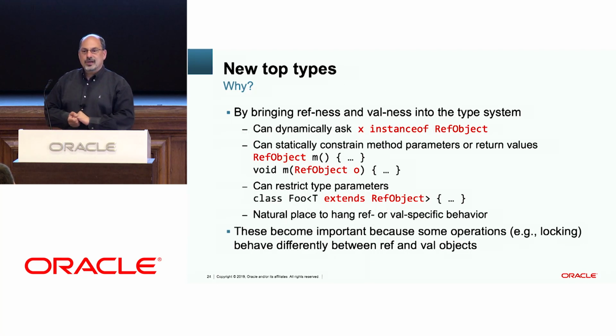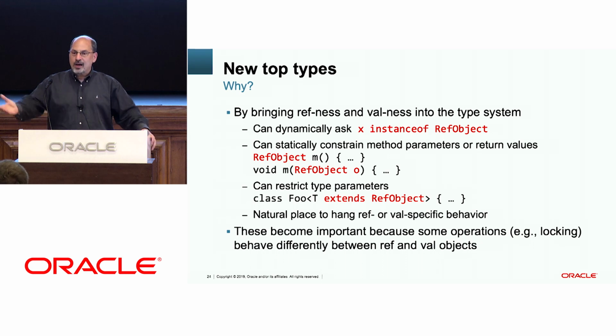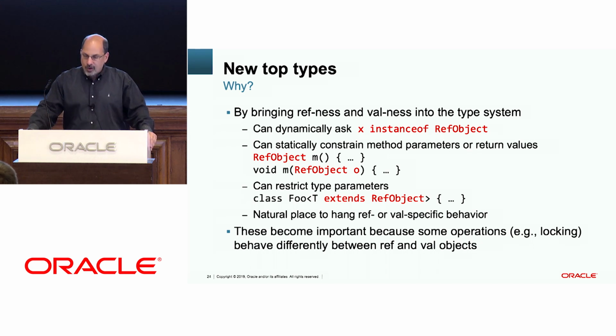So it allows us to ask questions dynamically like, is X instance of ref object? It allows us to use these types in signatures where I say, I'm returning a ref object, therefore it's nullable and it's safe for you to lock on. Or I only take a ref object. Or I have a generic class whose bound is ref object.